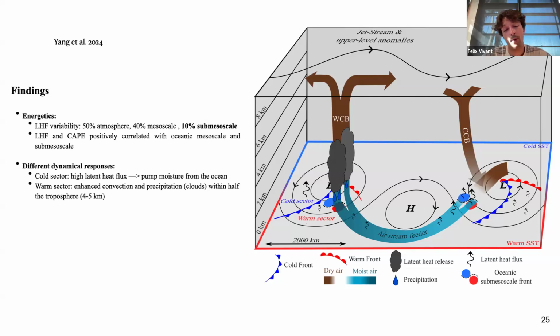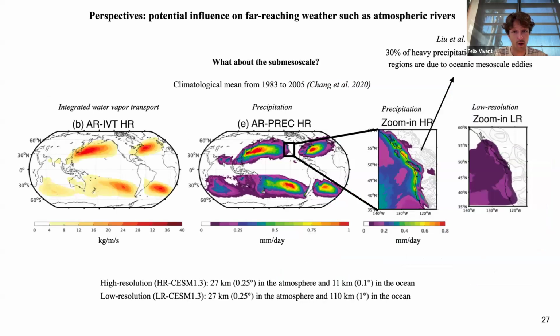The best way to study that is to perform sensitivity experiments, for instance using a regional coupled model, initialized with high resolution in the ocean and low resolution in the atmosphere. It could be very interesting to see, such as in this paper, if we can see a difference between simulations that resolve submesoscale and mesoscale.